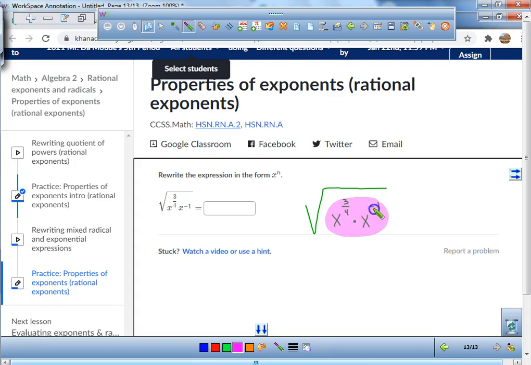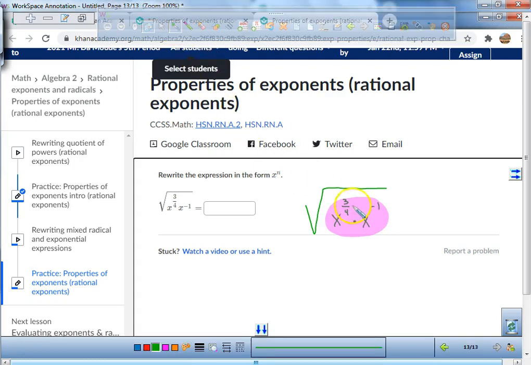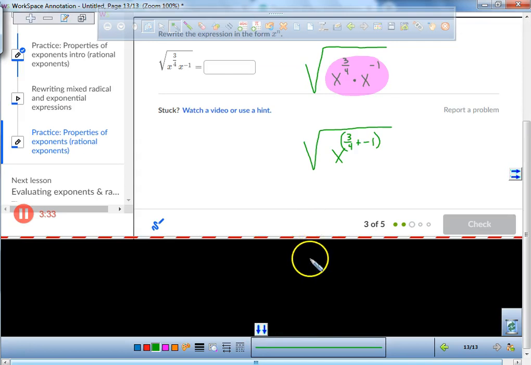We're allowed to add them together. So inside of this radical, could you please put x to the power of 3/4, but just add a -1? Take 3/4 and add a -1 and tell me what you get.